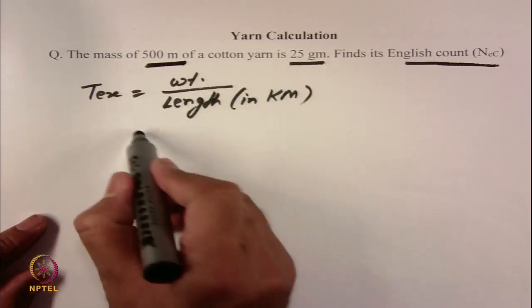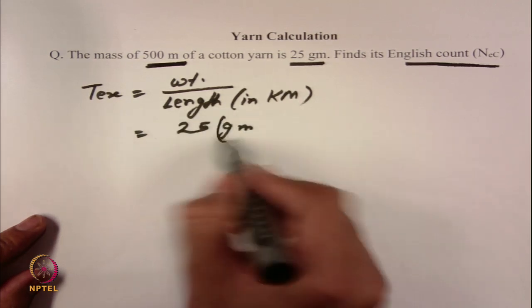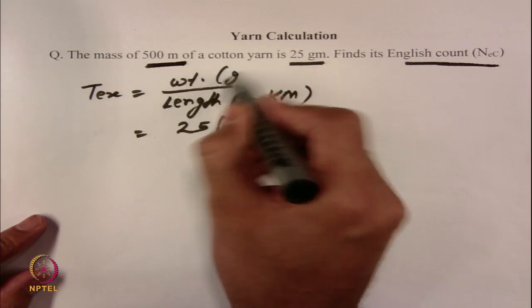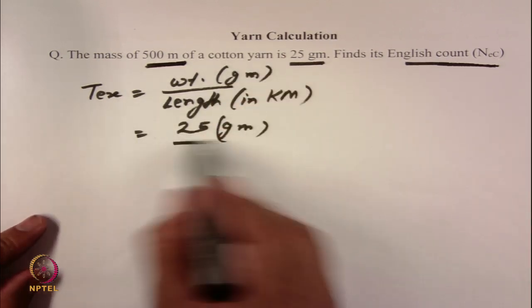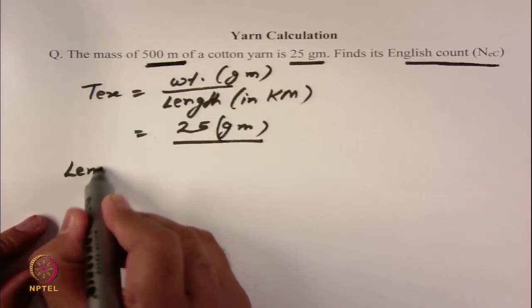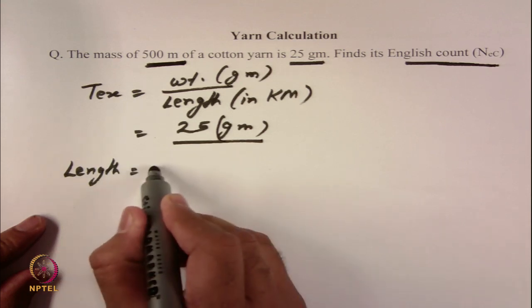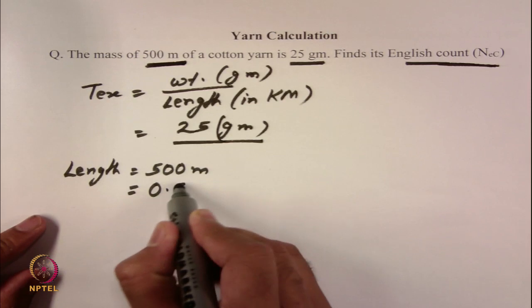What is the weight? 25 gram. And what is the length in kilometer? Length is 500 meter, so in kilometer we can express this as 0.5 kilometer.